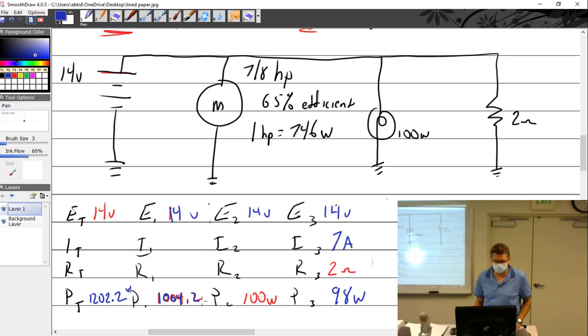Now what can I solve for? I of resistor 2, or I can solve for I right here. Remember, it's P, P, I, E. I want to solve for I, so it's P divided by E.